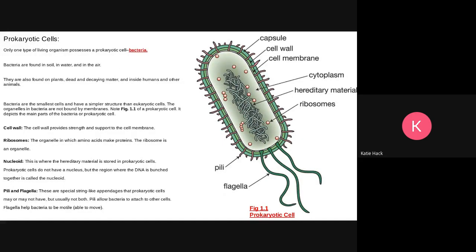The prokaryotic cell, if you'll use this, here's a pencil. You can label that. There's only one type of living organism that possesses a prokaryotic cell, and that is the bacteria.